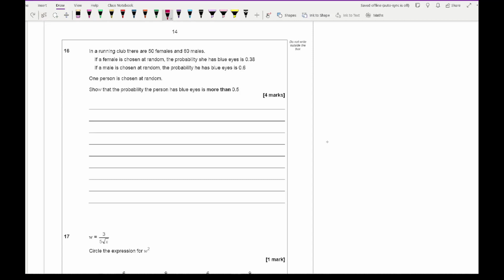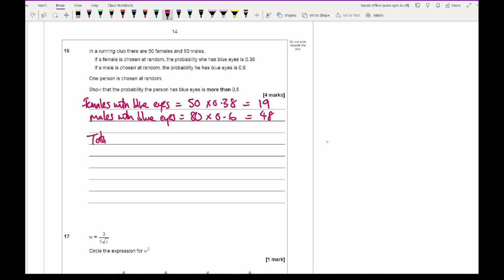So for here, let's have a look at the number of females with blue eyes. That's going to be done by doing 50 times the probability, which is 0.38, which gives me an answer of 19. Then we look at the males with blue eyes, and that's going to be 80 times 0.6, which gives me 48.